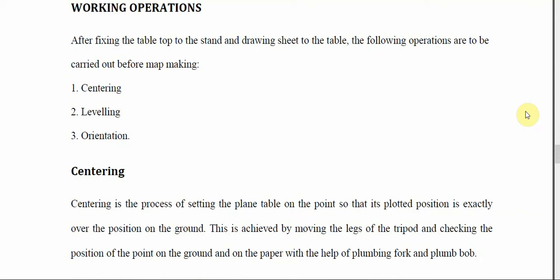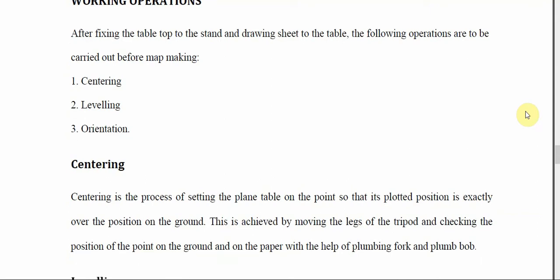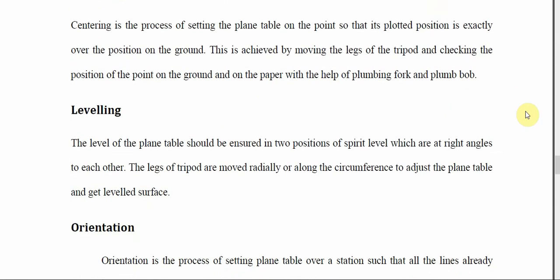Now, centering is the process of setting the plane table such that the point that is marked on the sheet is exactly above the point that is marked on the ground. This is done with the help of plumbing fork and plumb bob.